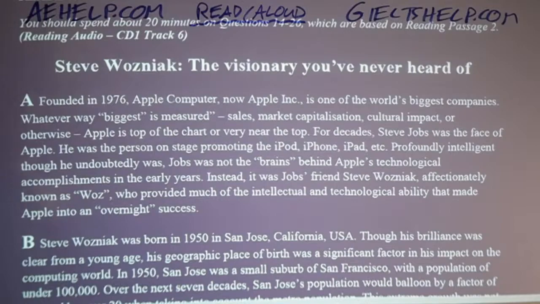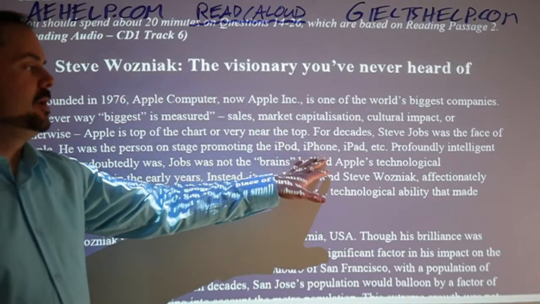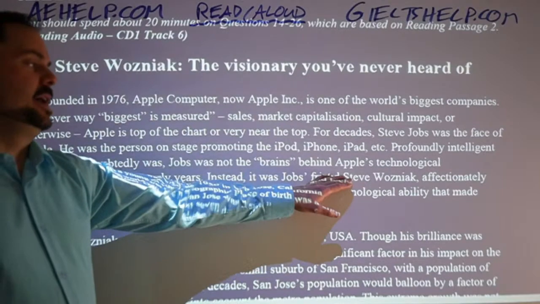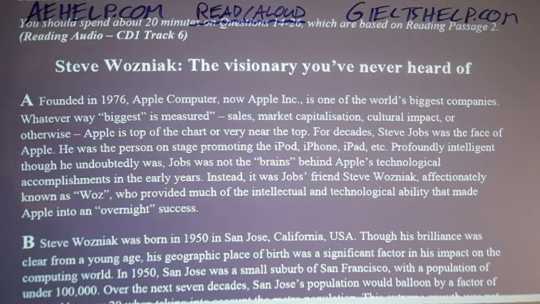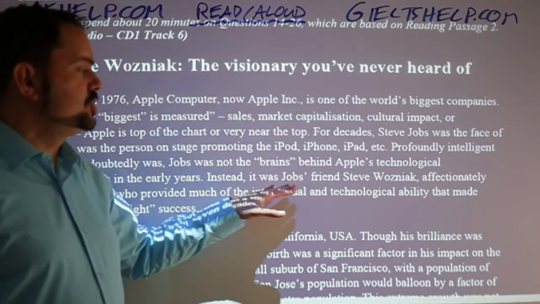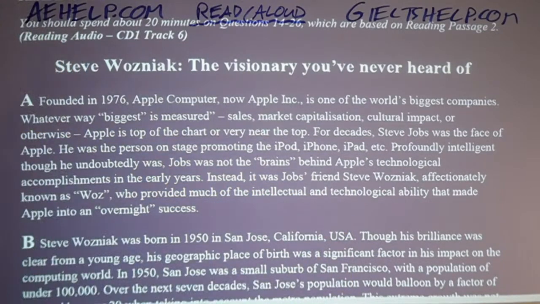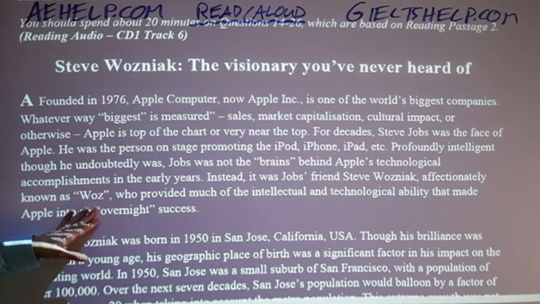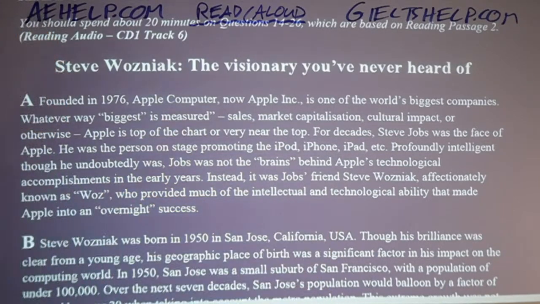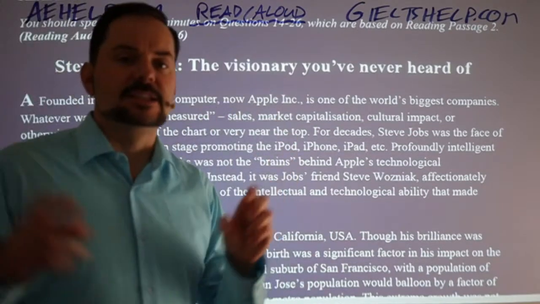He was the person on stage promoting the iPod, iPhone, iPad, etc. Profoundly intelligent, though he undoubtedly was, Jobs was not the brains behind Apple's technological accomplishments in the early years. Instead, it was Jobs' friend, Steve Wozniak, affectionately known as Woz, who provided much of the intellectual and technological ability that made Apple into an overnight success.